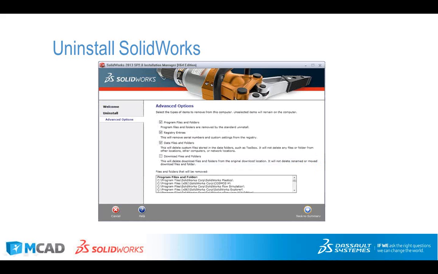That's going to get rid of custom settings and serial numbers. So basically that's the key element of doing a clean install. The data files and folders, that's going to get rid of your custom stuff, such as your toolbox. Again, if those files are on the network server, it's not going to get rid of those. It's just on the default on this machine.